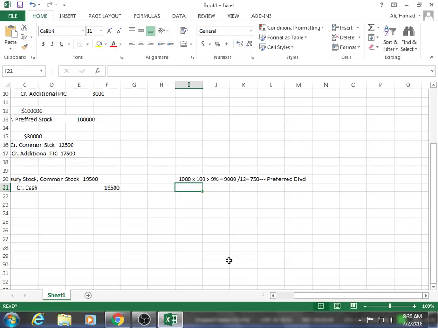Okay, and then we subtract the 1,500 that we paid. Yes, minus 1,500, so that gives us 11,500 common shares outstanding. 11,500 shares outstanding times 2 cents, 0.02.